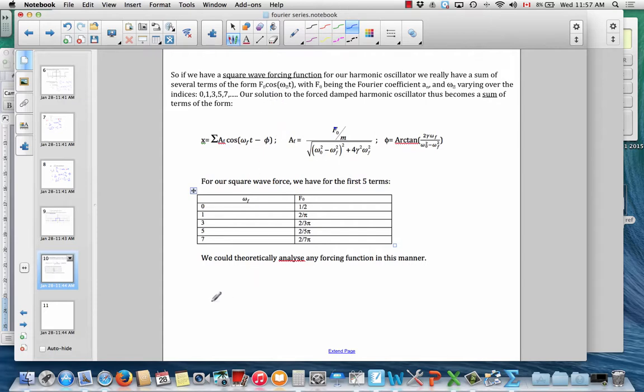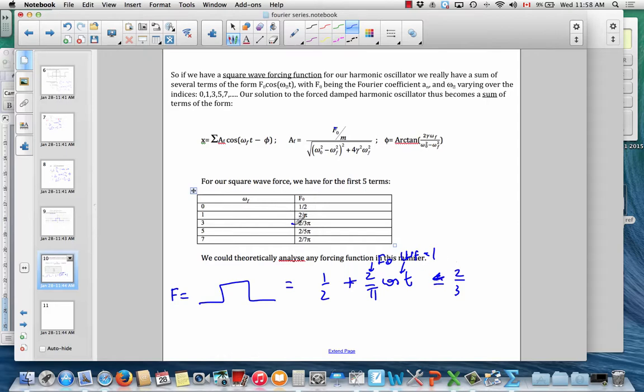So if we had this as our forcing function, then what we're saying is that's just a half, which is a constant. Then it's 2 over pi times cosine t. And so we know then this will be the F naught, and this omega forced is just 1. And then the next term up was minus 2 over 3 pi.